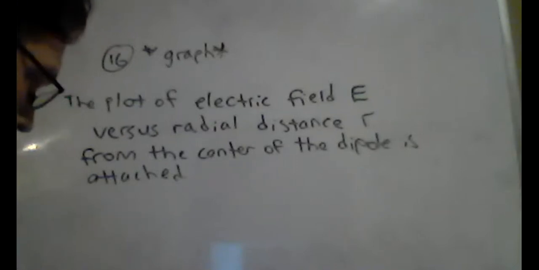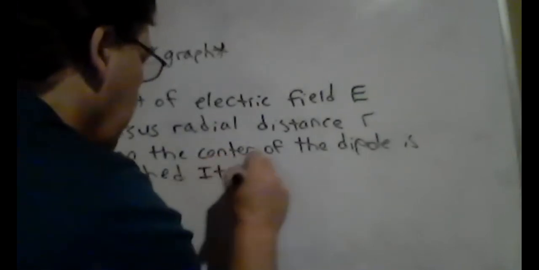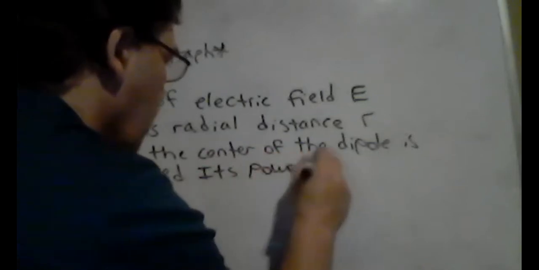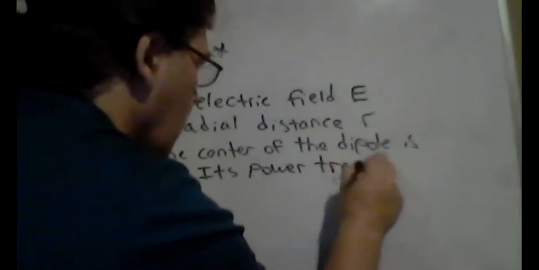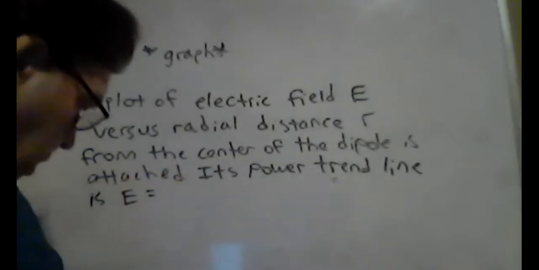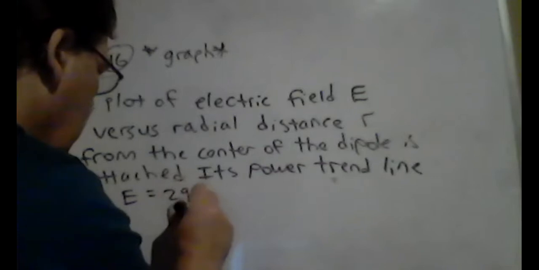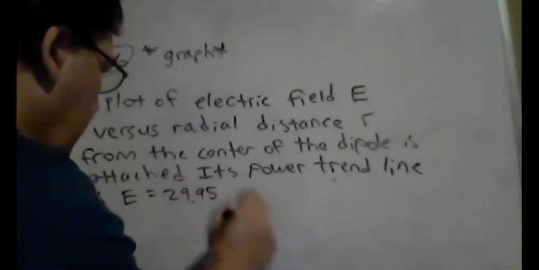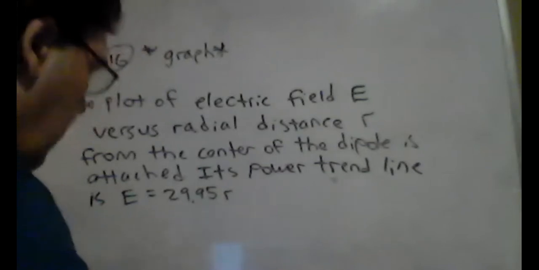Its power trend line is, again, you're going to have different numbers than me, but I got something like 29.95 R to the negative 3.496.